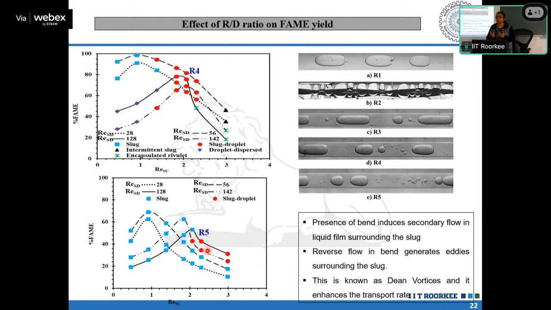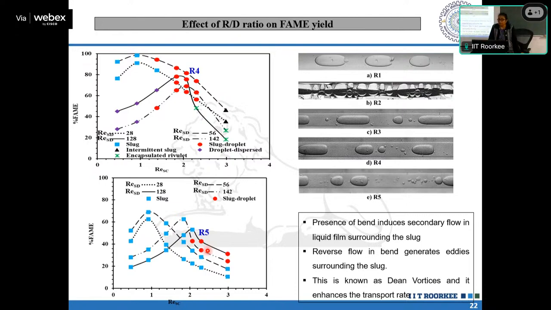You can take that as a counter-directional operation. As chemical engineers, we all know counter-directional operation always has a higher efficiency than co-current or co-flowing setups. So for that, the reaction yield is higher in R3 and R4.